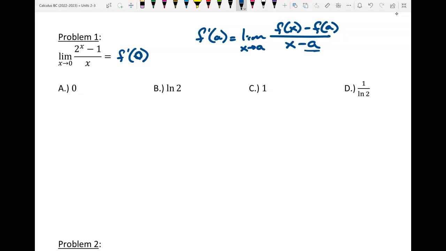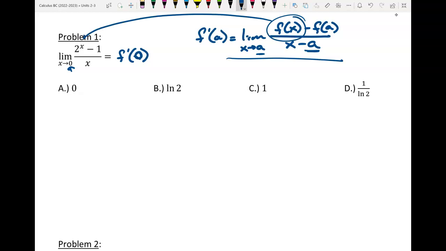Hopefully we can see that a is definitely the 0 that we have. So from that limit, we need to figure out what f of x is. If we follow the pattern of the definition of the derivative, hopefully we can see that our f of x is right there. Because the 1 would be 2 to the 0, that's our f of a, and this would have been x minus 0. So f of x is 2 to the x.